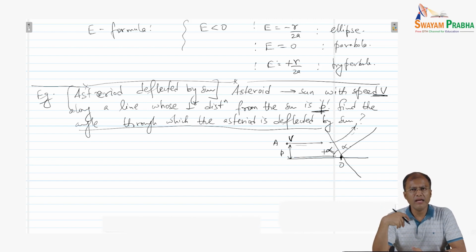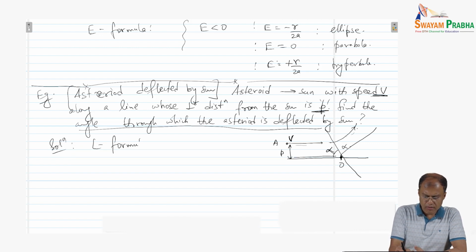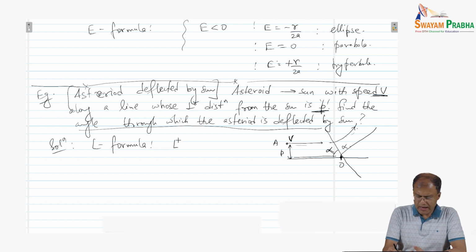So we can use our standard E and L formula here. From my L formula, my L square is P square V square, and this is also equal to gamma b square by a, and this is also equal to M naught G b square by a, right?